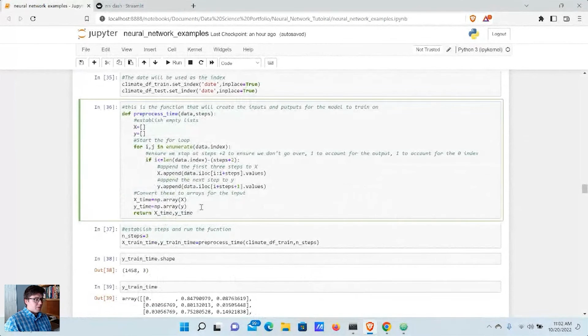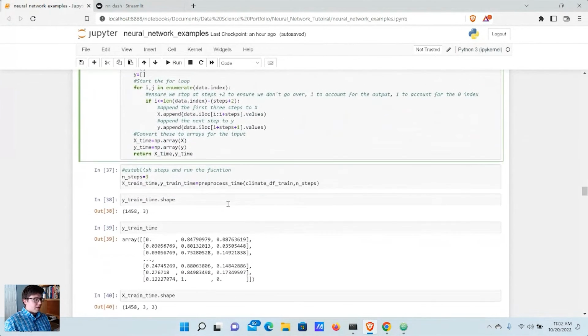Then we want to pre-process our time. I'll go over this. You can take a look at this. I put a lot of effort into commenting this. Basically, when we create an input for an LSTM, we establish a number of steps we want, which is the number of iterations or inputs in a particular time series that we want to use as the input for the neural network itself.